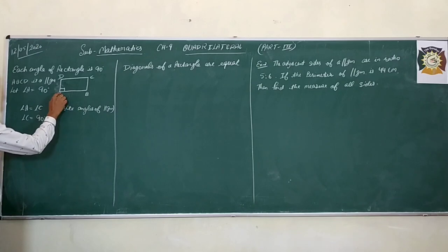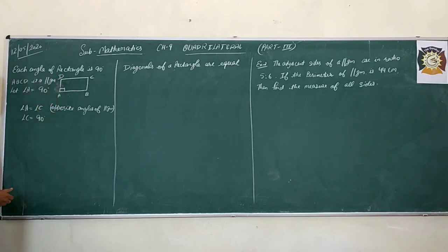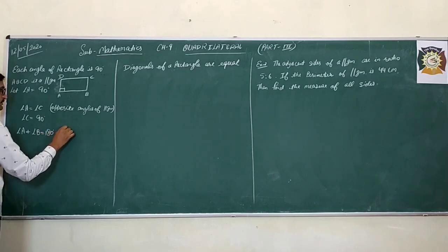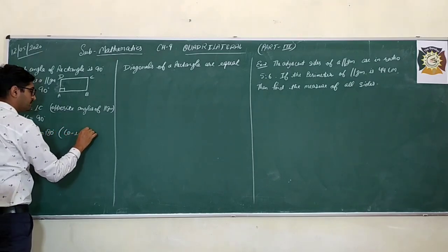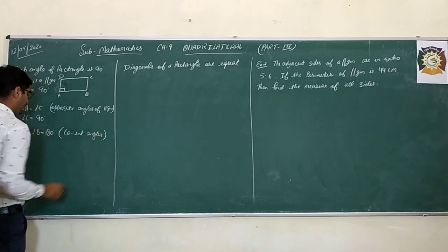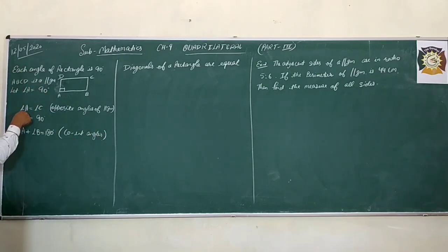Next, we know that in a parallelogram, these two sides are parallel and this one is the transversal. And according to transversal, the sum of these two angles will be equal to 180. That is the co-interior angles, or the angle on the same side of the transversal. So angle A plus angle B is equal to 180, and we know that the value of angle A is equal to 90 degree.